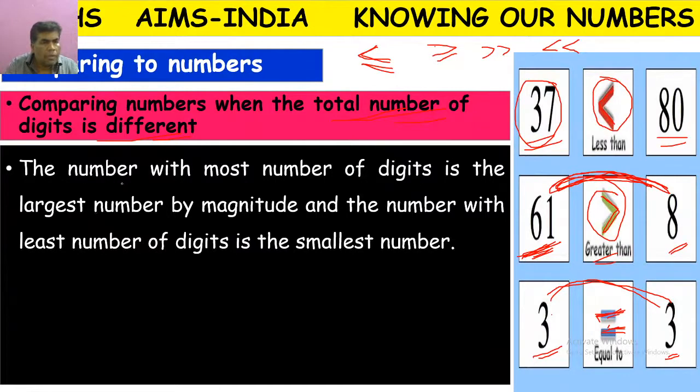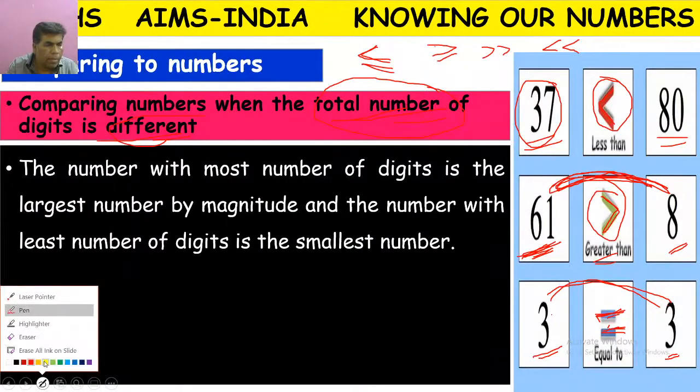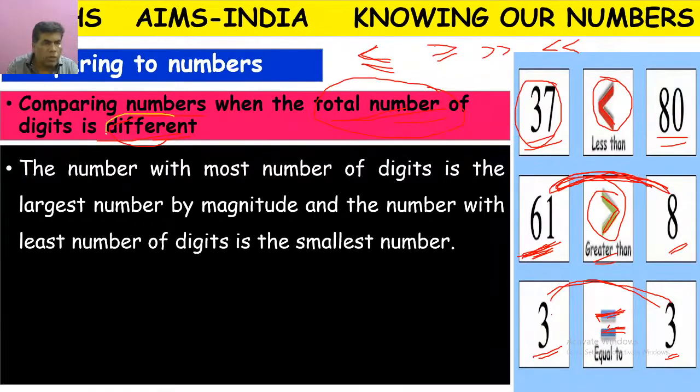If the total number of digits is different, then what is the largest number?